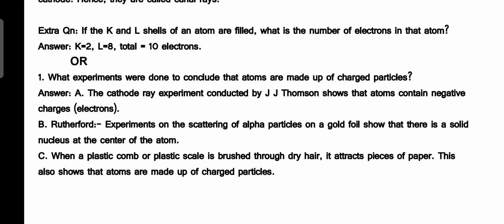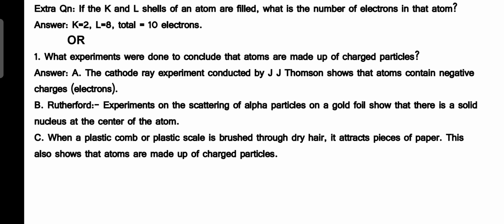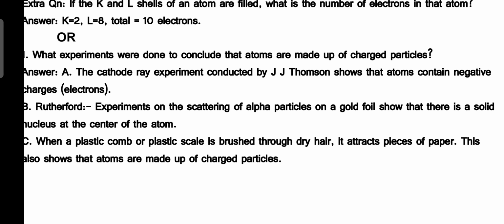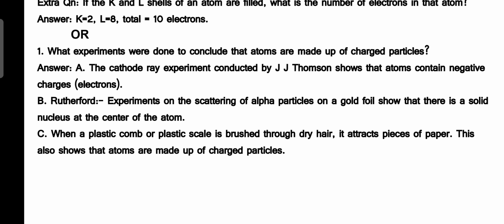The cathode ray experiments conducted by J.J. Thomson shows that the atom contains negative charges because there is a discharge of negative charges. Rutherford's experiment, by scattering the alpha particles on the gold foil, he shows that the solid nucleus at the center of the atom has the positive charges. So the alpha particles get diverted from their usual path.